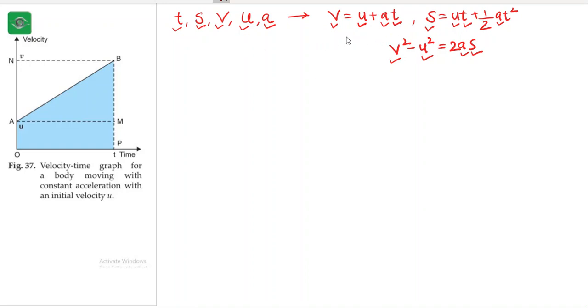So in any real life example, if you have been given 3 quantities and you have to find the 4th one, then you have to select one formula out of these 3 and apply that formula, put the values which are given to you and find the value which is missing.